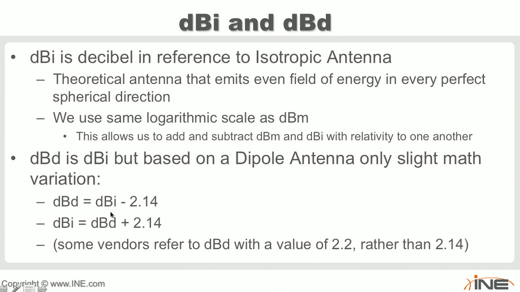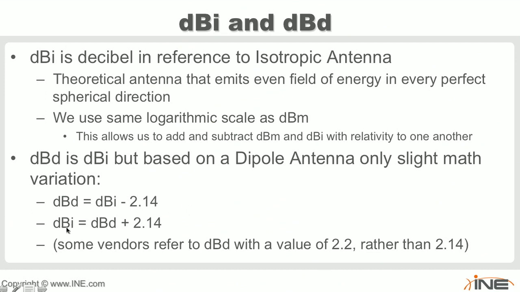The antenna is built to specification and advertised as a 9 dBi antenna. But for some reason, someone asks you, what is the dBd value? You simply take 9, subtract 2.14, and that is the dBd. So we would have 6.86, I believe, just off the top of my head.